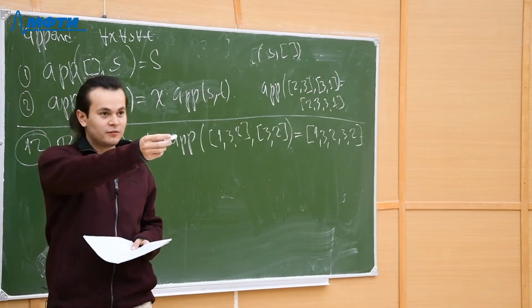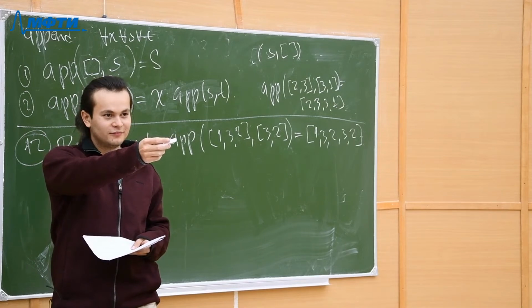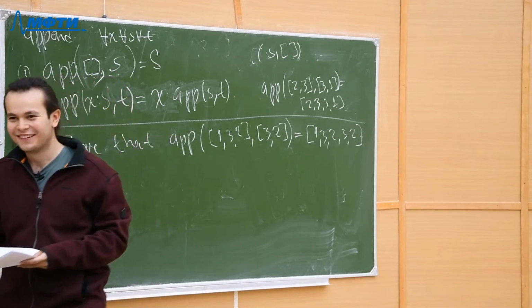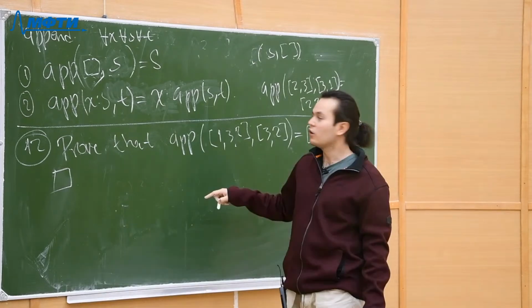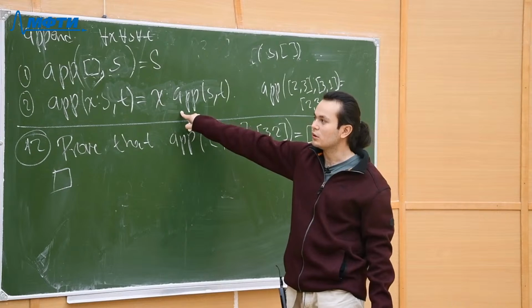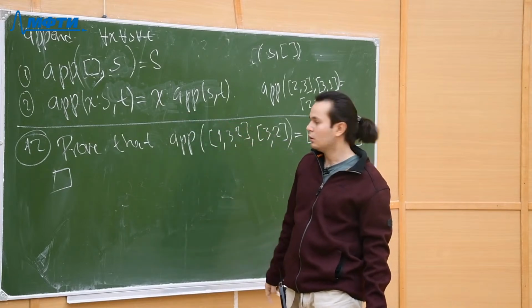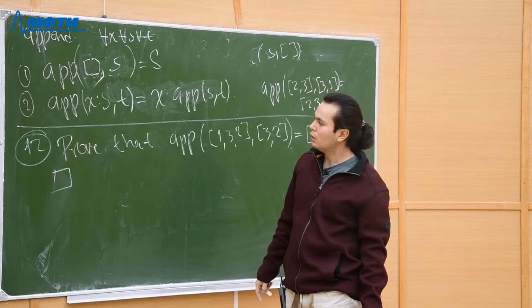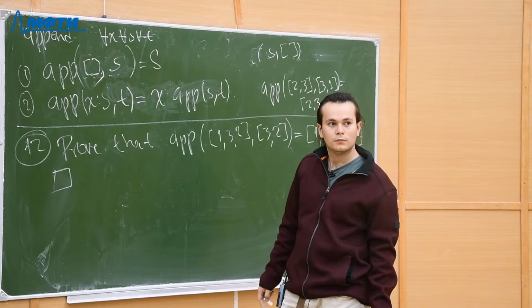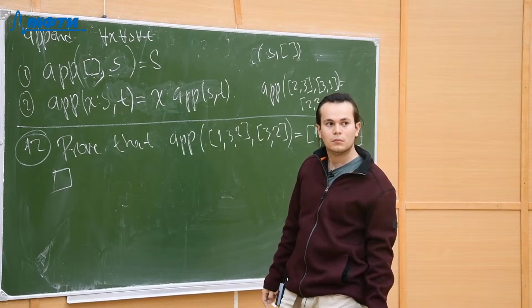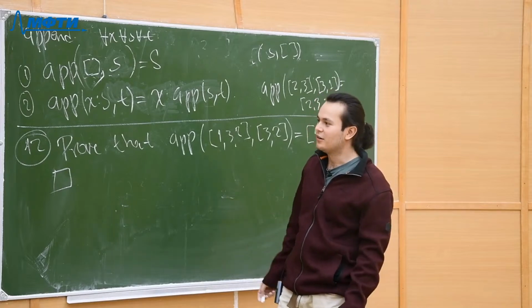You want to do it? No? Okay, do we have any question from here? So for 1, 3, 2, we need to say that 1, 3, 2 is equal to 1 column 3, 2.